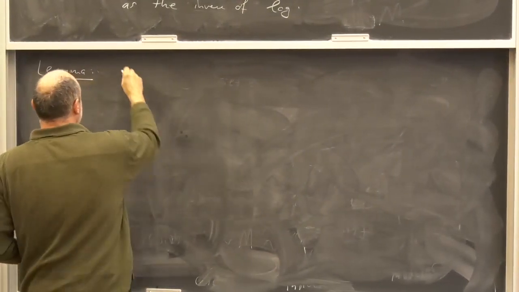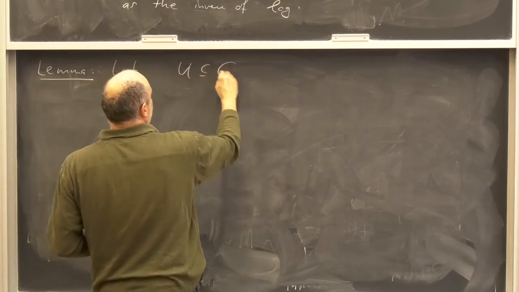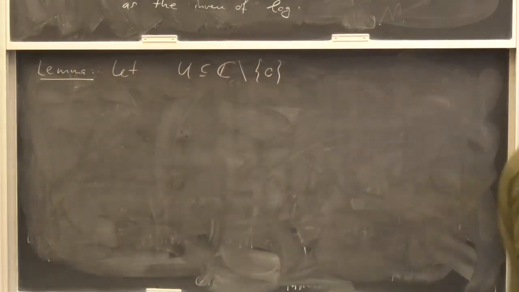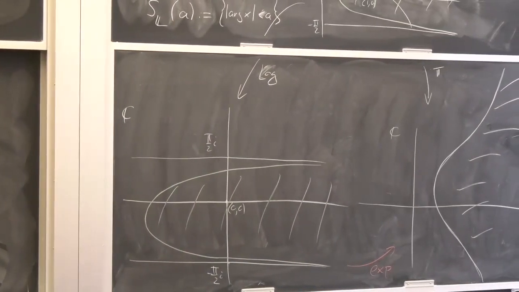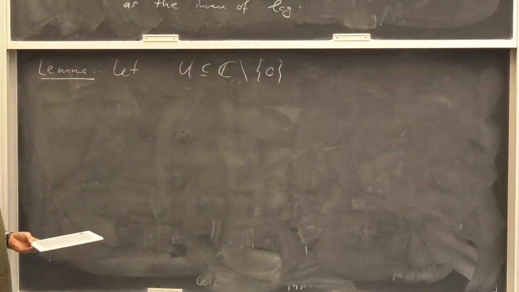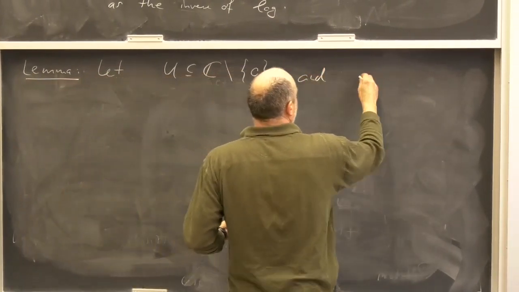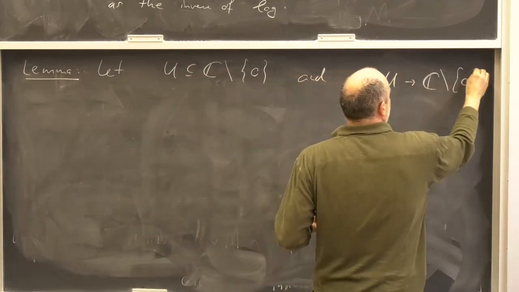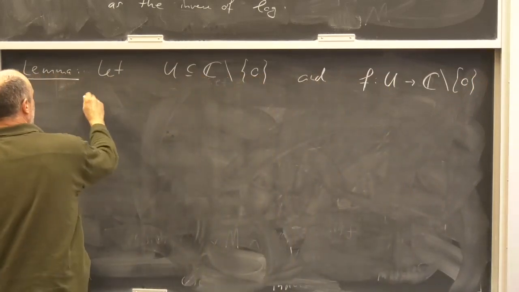So consider a set U in the complex plane. I'm thinking at the moment of U as being in this chart. Assume 0 is not in this domain, and consider a function f on U, which is also never 0, but holomorphic.